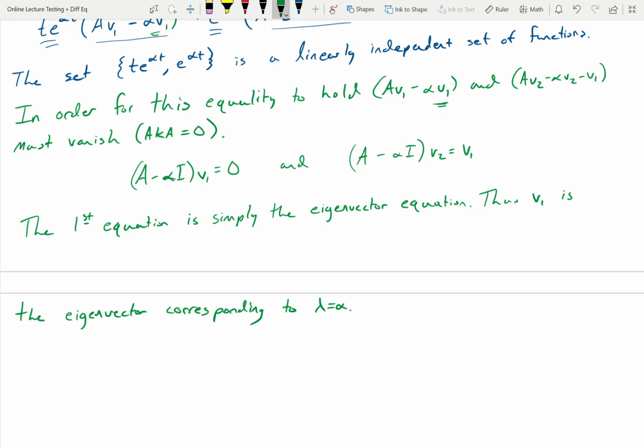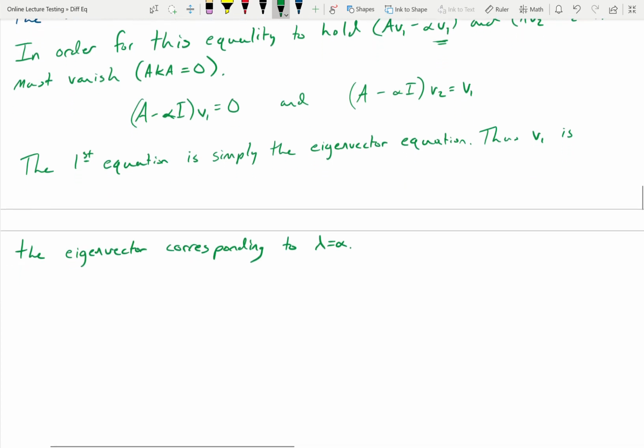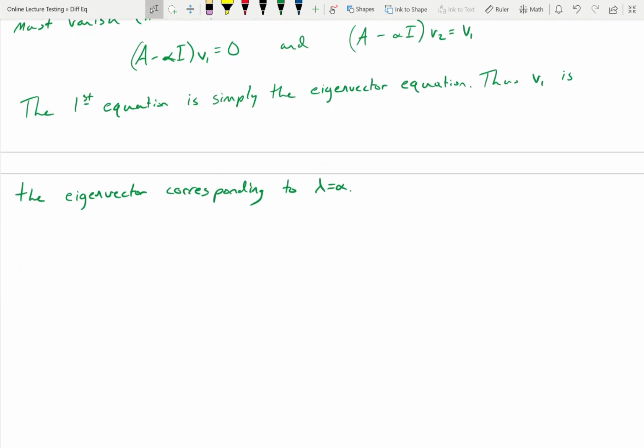Okay, so that means we know what V1 has to be. That's the good part. So now we're going to consider the other equation because we've already got this one nailed down and we now know what V1 is. A minus alpha I V2 is equal to V1.